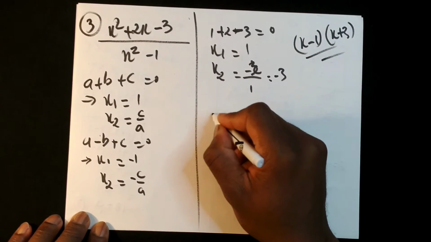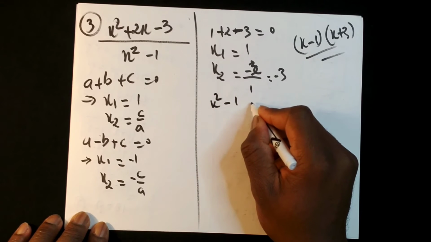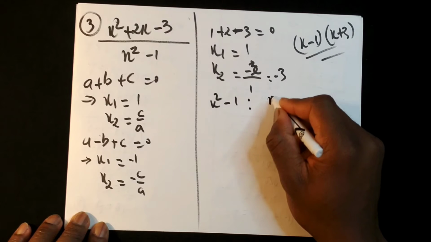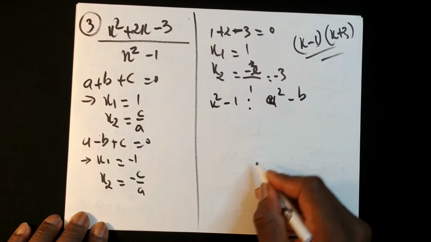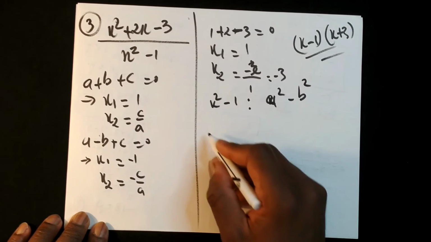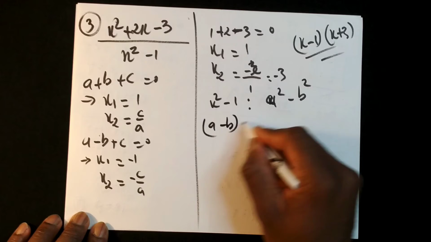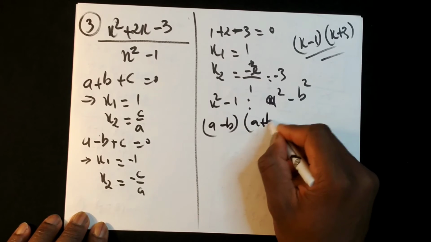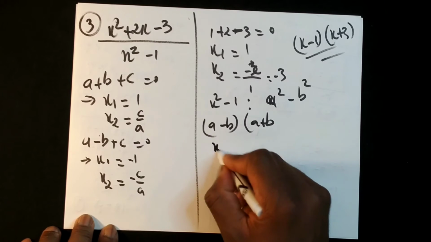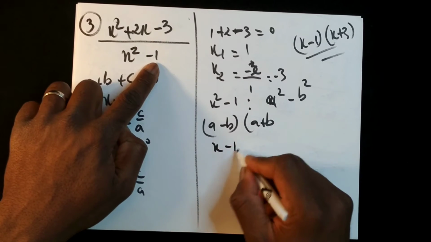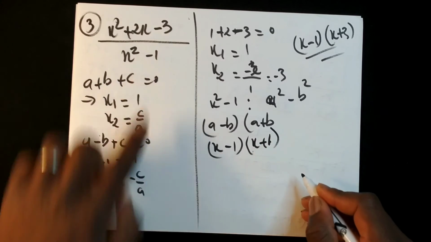The denominator, which is x squared minus 1, is of the form a squared minus b squared. So the factorization of that is (a minus b) factor of (a plus b). In this case it is (x minus 1) factor of (x plus 1).